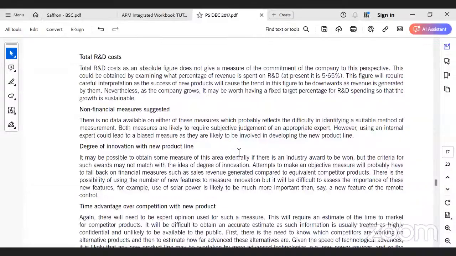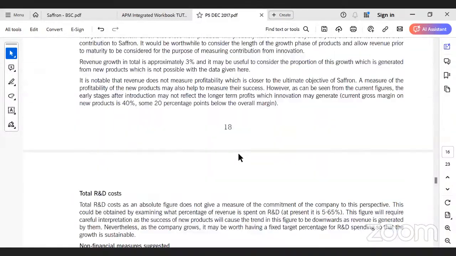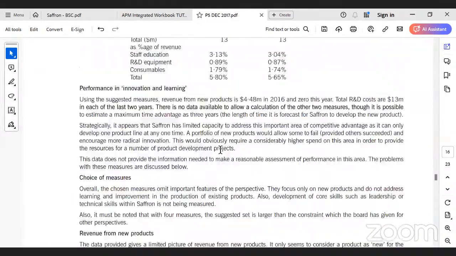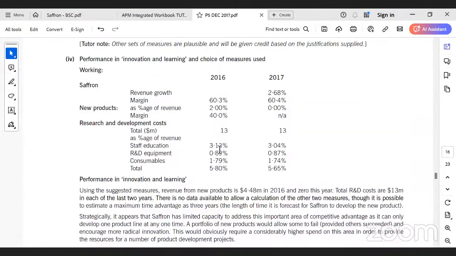See how detailed it is. That's a lot of marks, isn't it? 16 into 1.8, half an hour. For half an hour, you need to write, type.